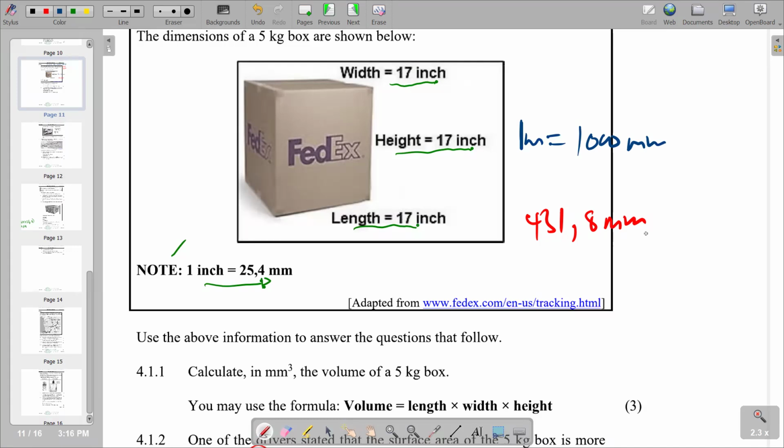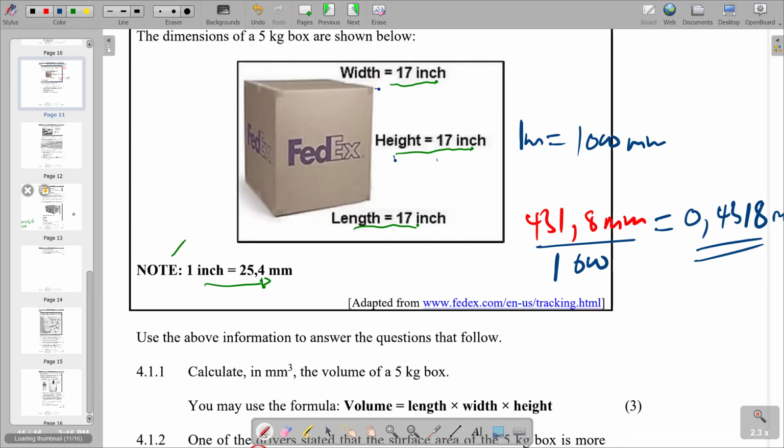So to convert our millimeters to meters, we divide by 1,000, and then they become 0.4318. So in this case, this is going to be our length, and this is also going to be our width and our height. So it's going to be the same, 0.4318 meters. So that's what we are going to divide with in this case.